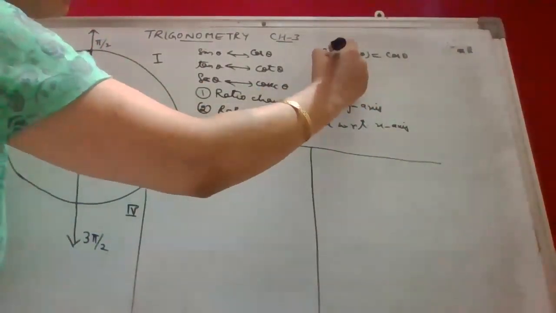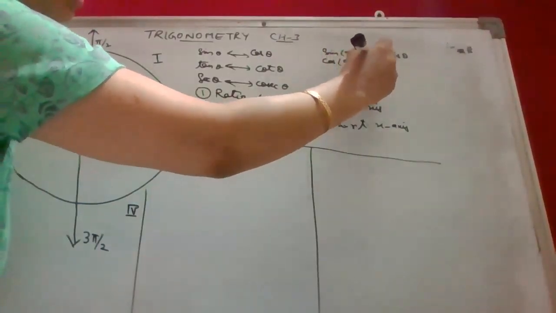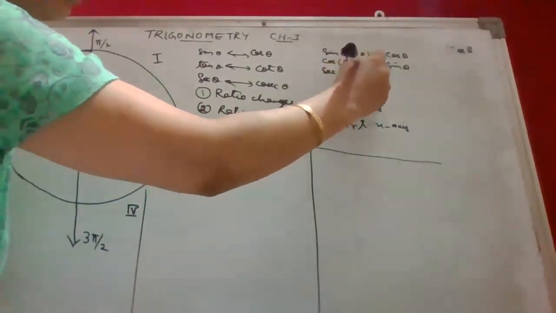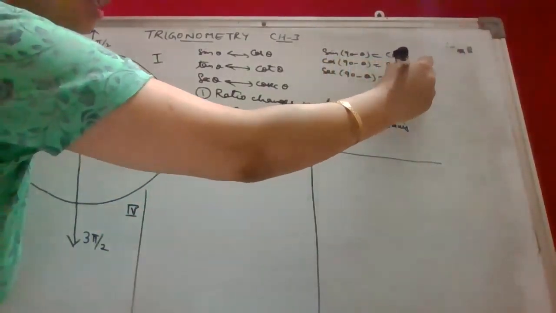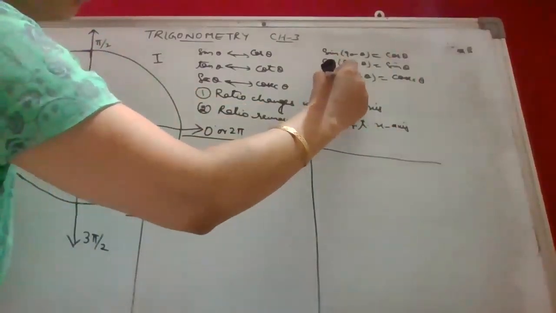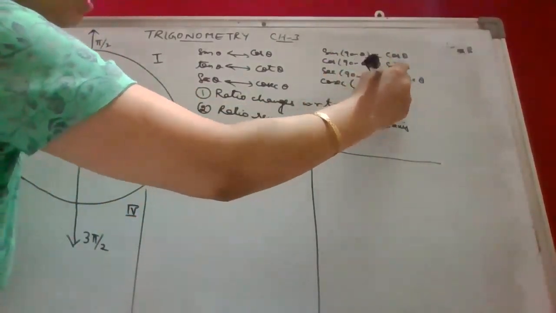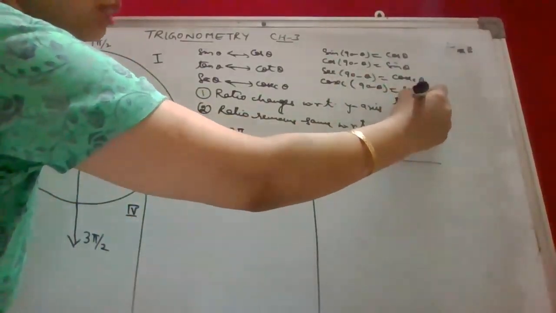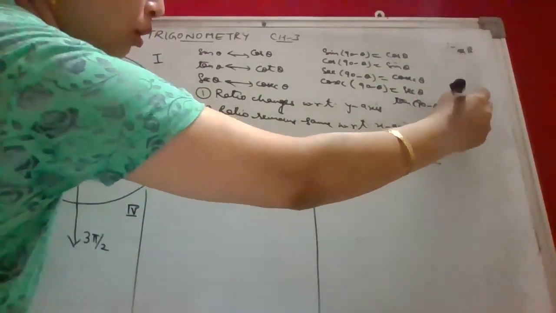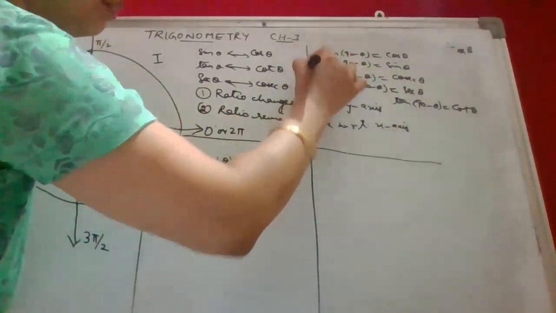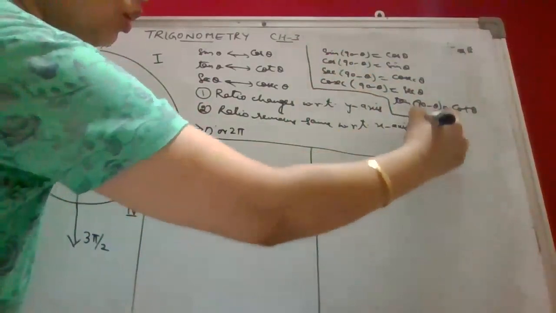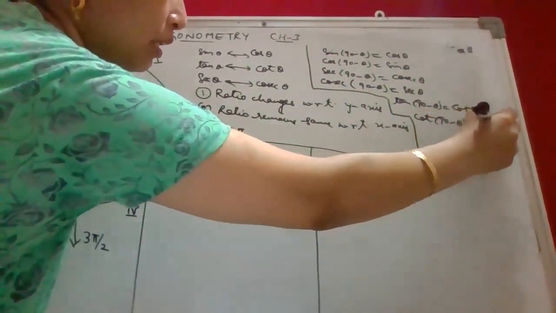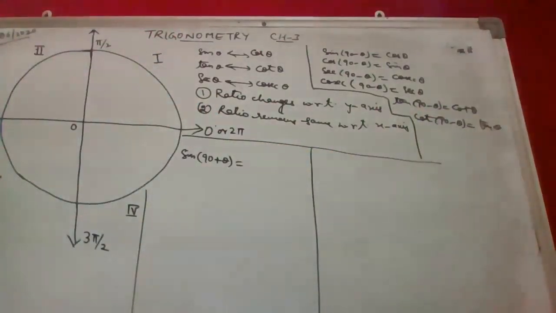Cos(90 minus theta) is equal to sin theta. Then sec(90 minus theta) equals cosec theta, and cosec(90 minus theta) equals sec theta. Then tan(90 minus theta) equals cot theta, and cot(90 minus theta) equals tan theta. These you have learnt in class 10th.